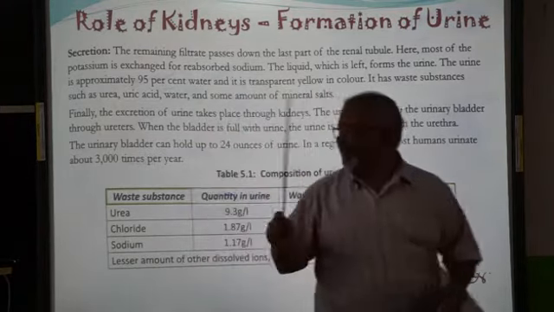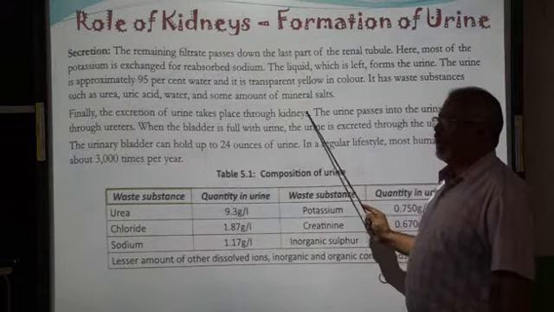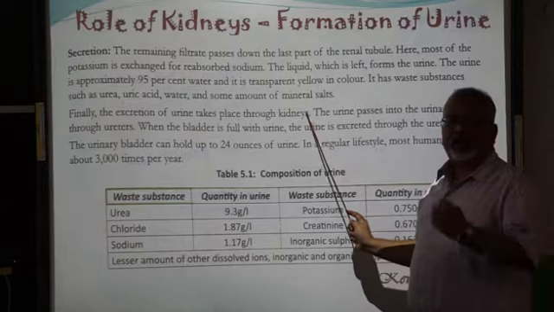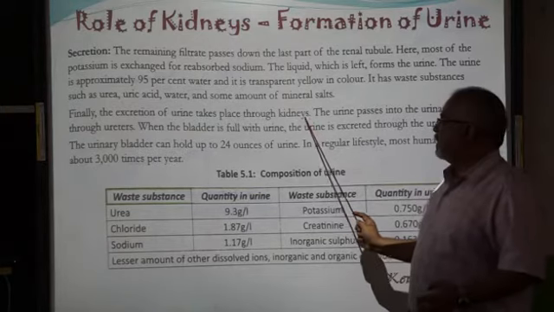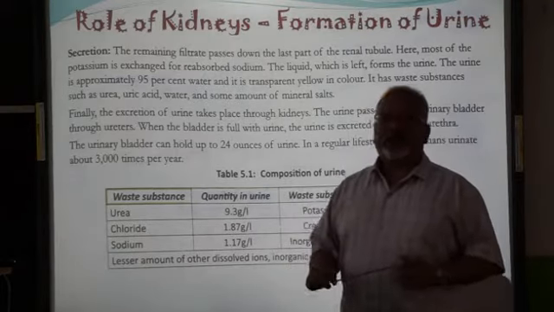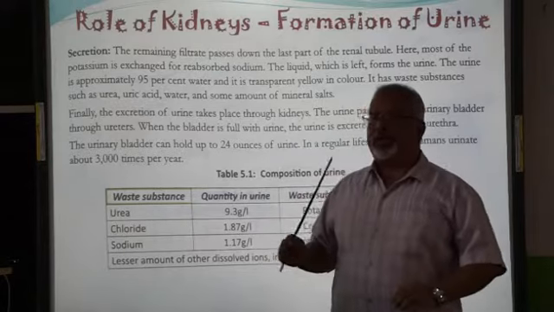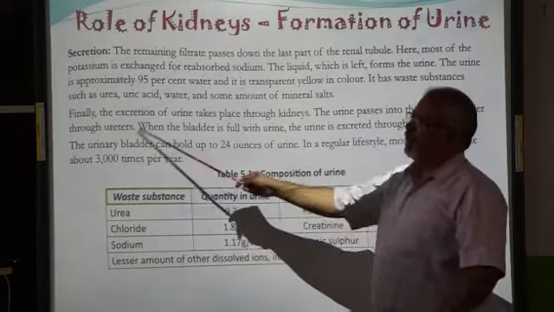Now here you see, finally the excretion of urine takes place through the kidneys. The urine which is formed in the kidney passes into the urinary bladder. In the beginning I showed you the urinary bladder. Okay, so it goes there. How does it go? Through the ureters.